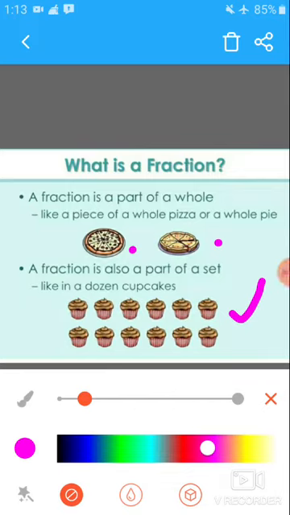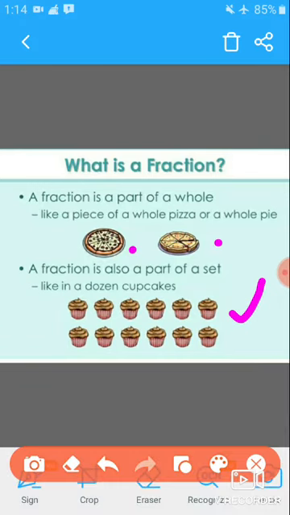So what you call to a shopkeeper when you want banana? You will call, I want a dozen of banana. So in one dozen there is 12 banana. So here one dozen of a cupcakes is given here.